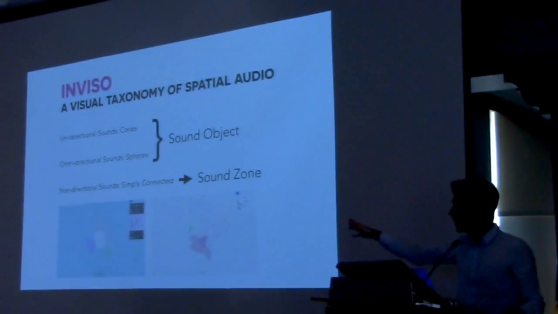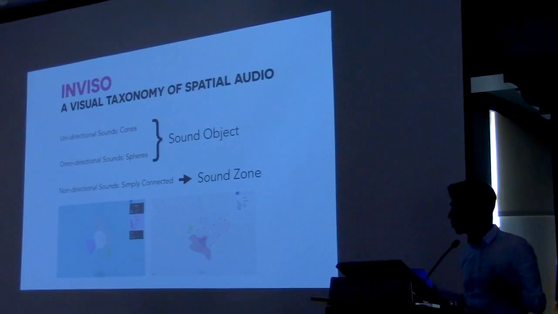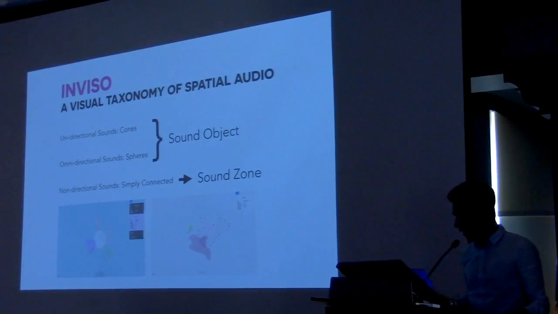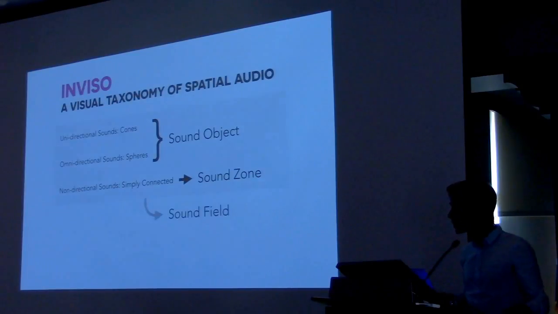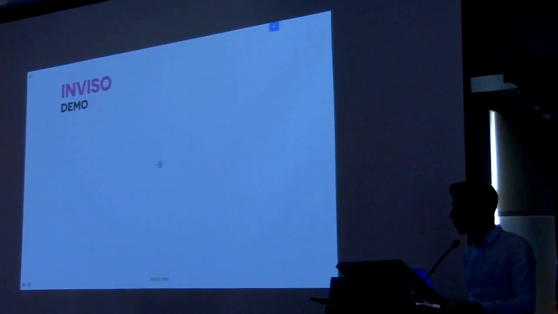So that is a model of a sound object that you see on the left, and on the right you're seeing two overlapping sound zones, and all of these contribute to what we refer to as a sound field. So before going any further, I'll do a brief demo of what INVISO looks like in action.